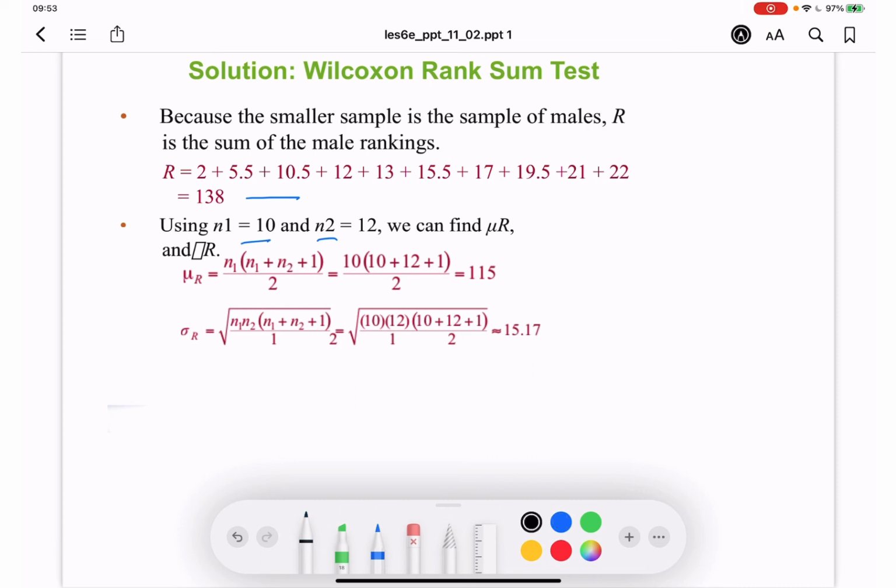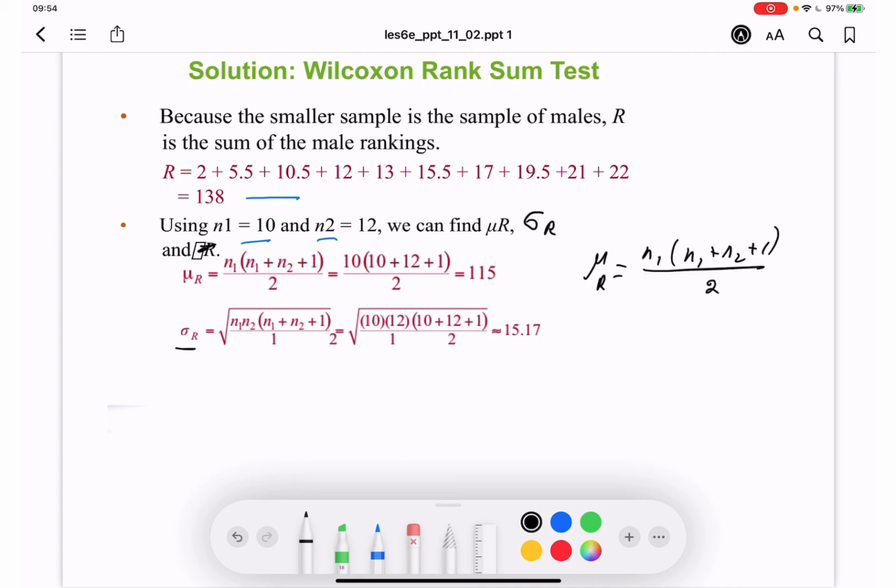Next, since our N1 is 10 and N2 is 12, we need to find mu R and sigma R, because for some reason it doesn't establish the proper notation. The formula for mu R is N1 times N1 plus N2 plus 1 over 2.